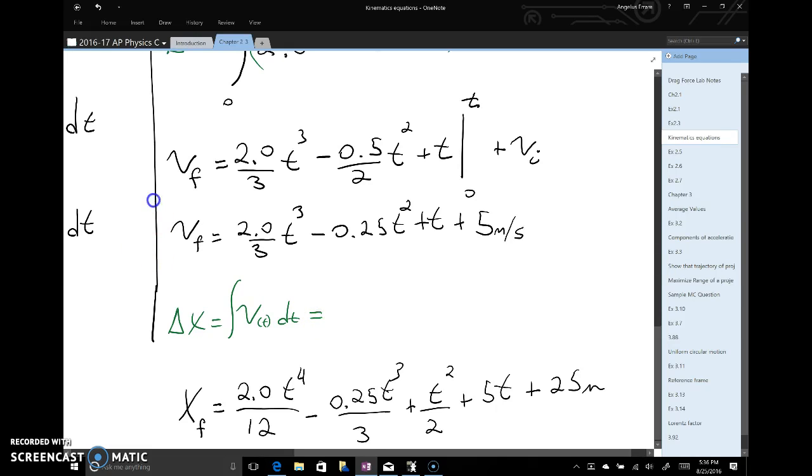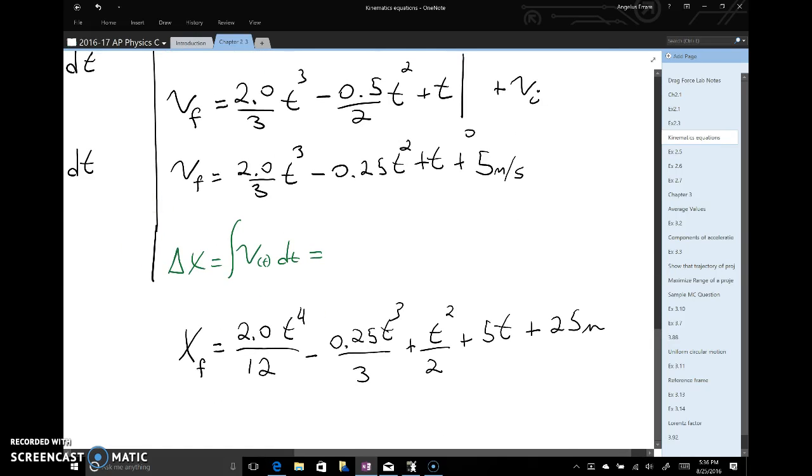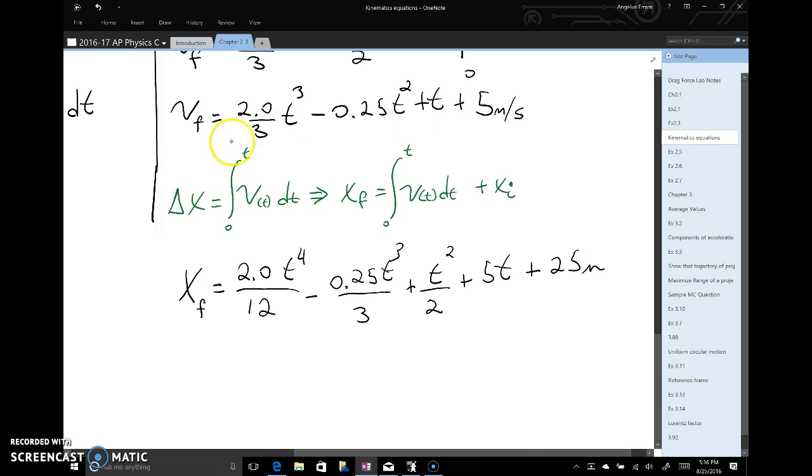And that's going to give us what we have down here. So we can rewrite this as, let me draw an arrow, not an equal sign. So we'll have the final position is equal to the integral from 0 to t of the velocity function plus the initial displacement.